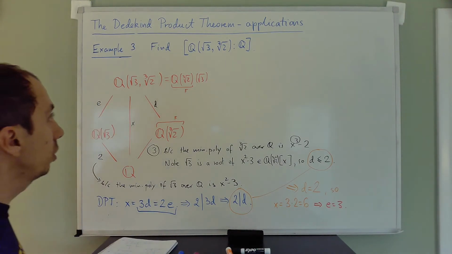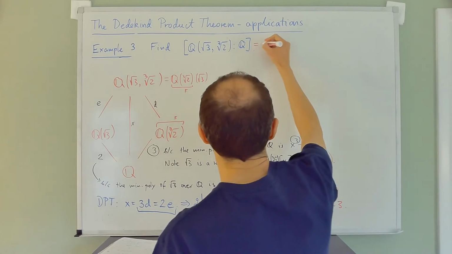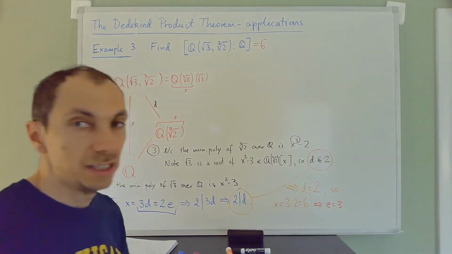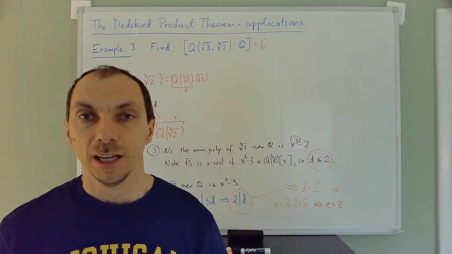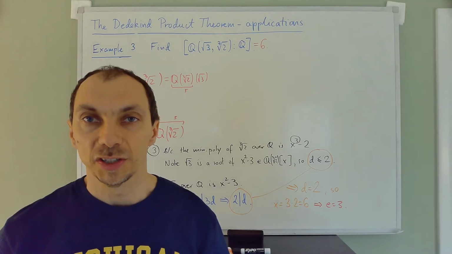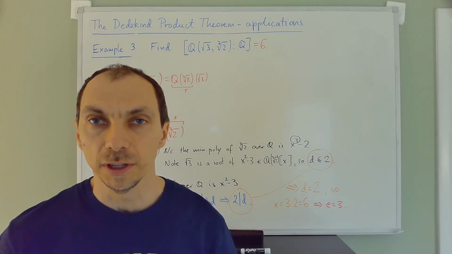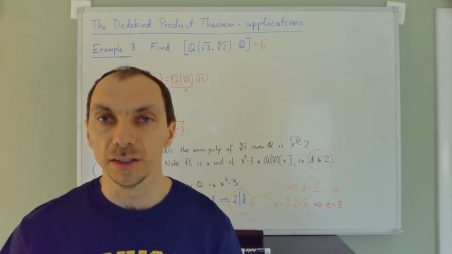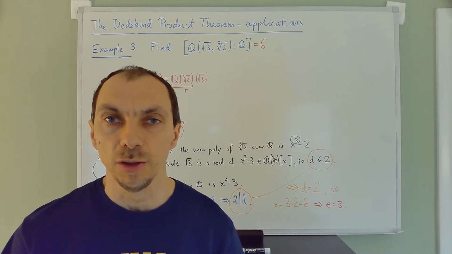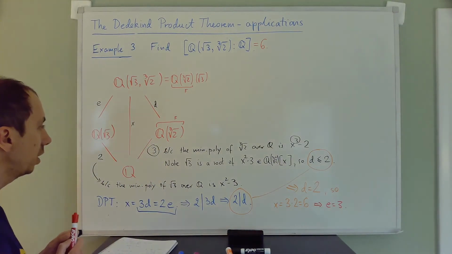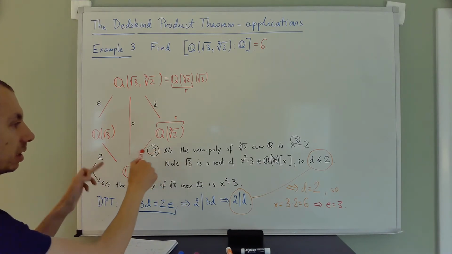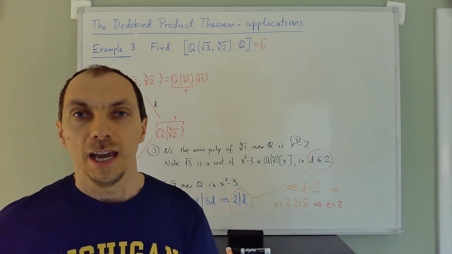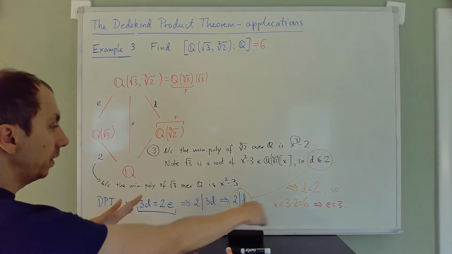So x, this degree then, is 6. So I said that in this case we're able to get a much simpler way of getting the degree than in the first example, and that I used something else than one of the elements being not real. Indeed, what I used here was that these two degrees were relatively prime to each other, and so you see I was able to play it off via divisibility.